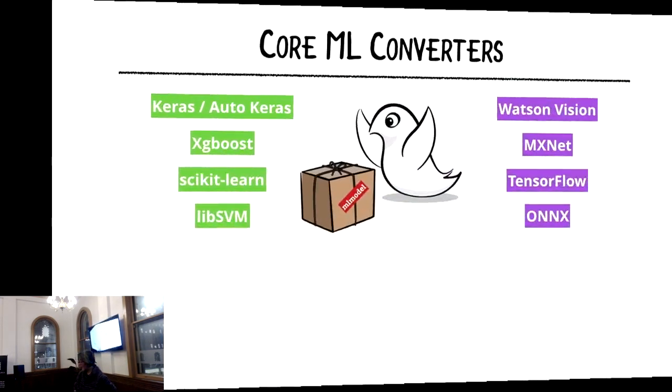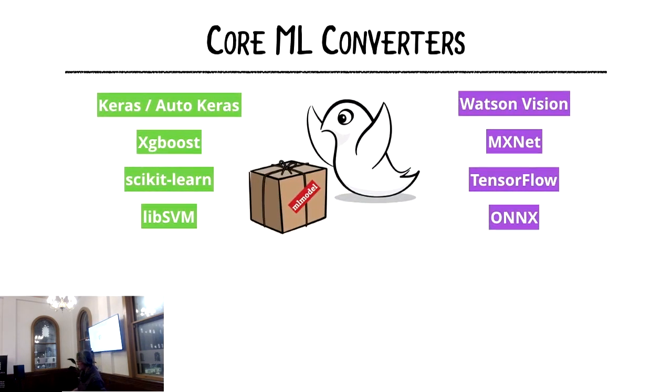Okay, if you can find a model that was created by one of the green tools, you can convert them with the CoreML tools that came out with CoreML. But it's still Python. Okay, so I don't think people have used them a lot. The purple tools have their own CoreML converters. They don't use the standard one.